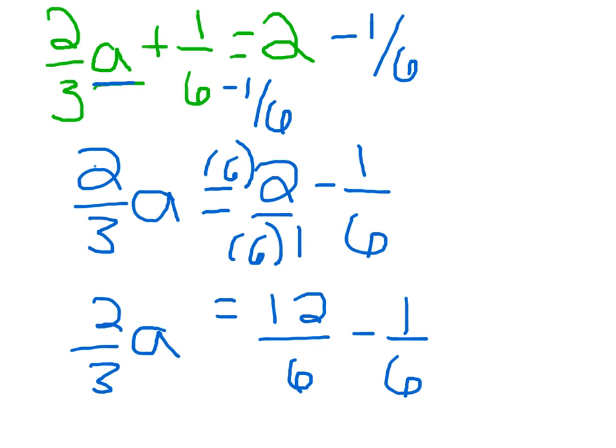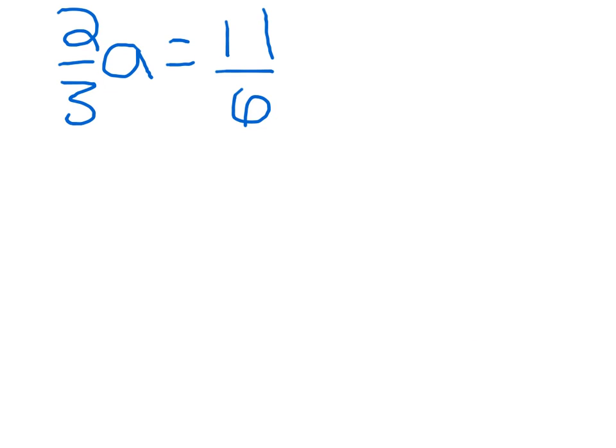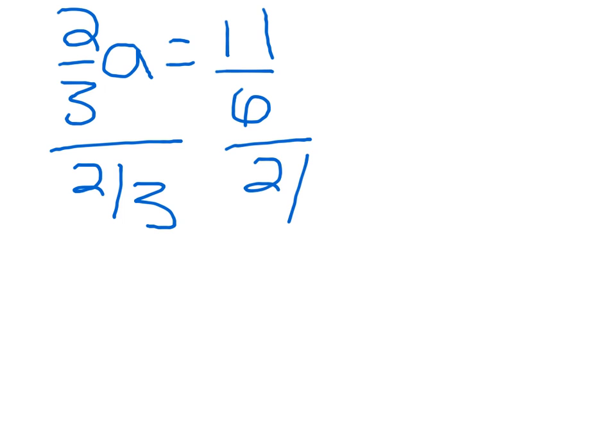So, we know 12/6 minus 1/6 is then equal to 11/6. Once we have our 2/3 A equals 11/6, our next step is going to be to divide 2/3 A by 2/3. Whatever we do to the left side, we have to do to the right side.